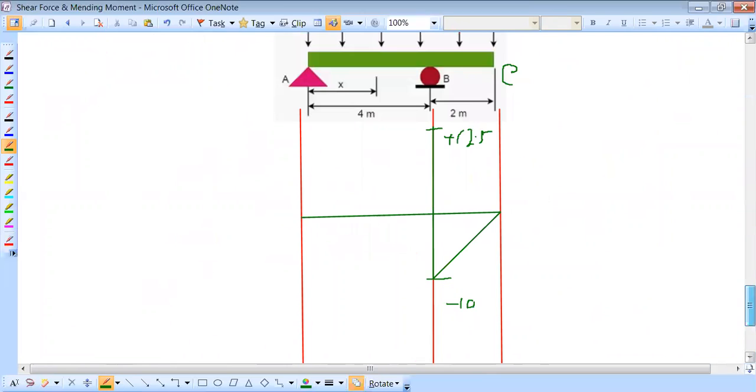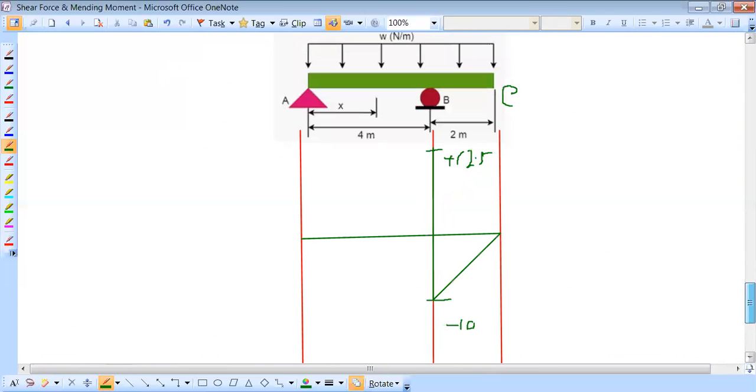So UDL load, no point load. So you can take a straight line this way. This is the 7. So draw the box. So this diagram is called the SFD and the BMD.